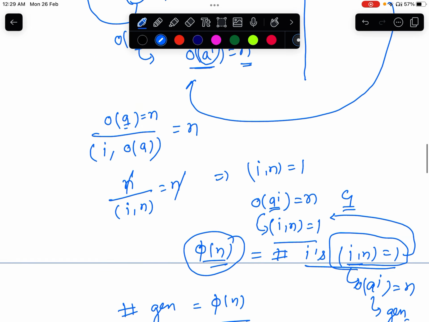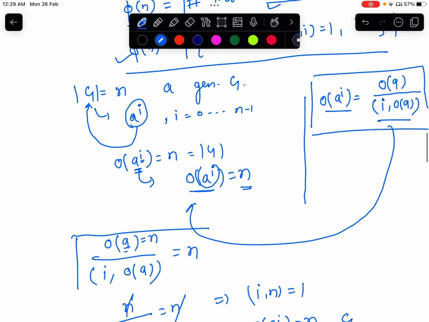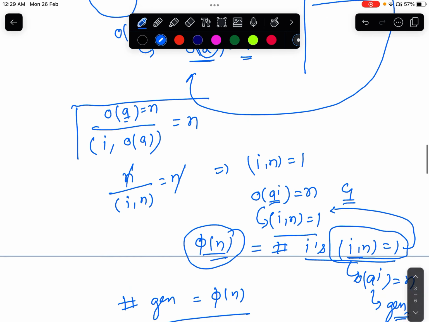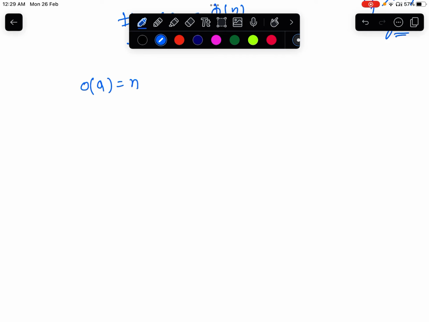Now we used this formula that order of a^I is equal to order of a divided by GCD of I and order of a. Let us prove this formula. Says if order of a is equal to n, then order of a to the power I is equal to n divided by GCD of I and n.